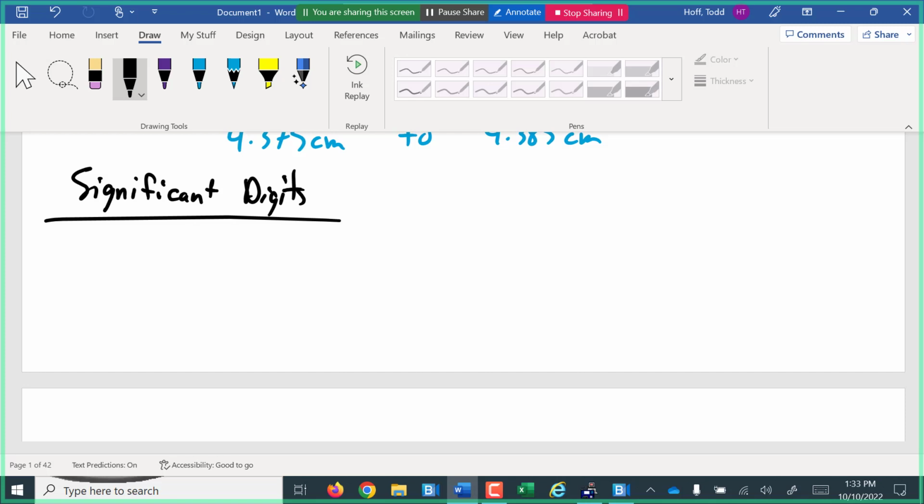But I do want to show you what they are and get you guys some sort of a basic understanding of how they work. So significant digits are any digit that is important or relevant to a measurement.